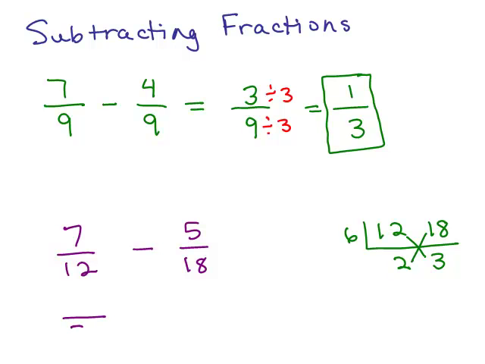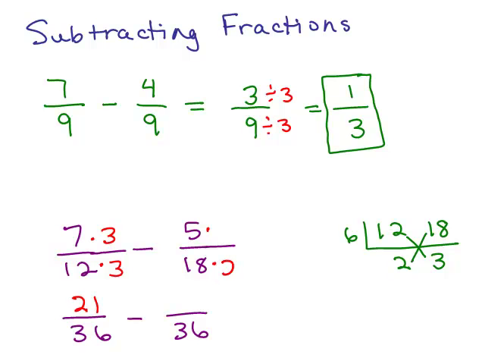So I'm going to have 36 for my denominator. Now remember, I could just sort of extend my fraction bars here and multiply the top and bottom by whatever number is going to give me a 36 in the denominator. So 12 times 3 is 36, which gives 21 in the numerator here.